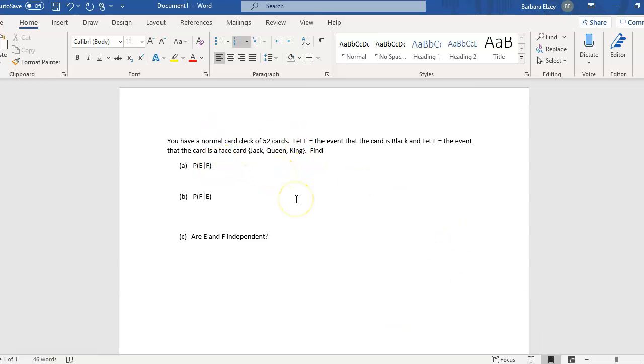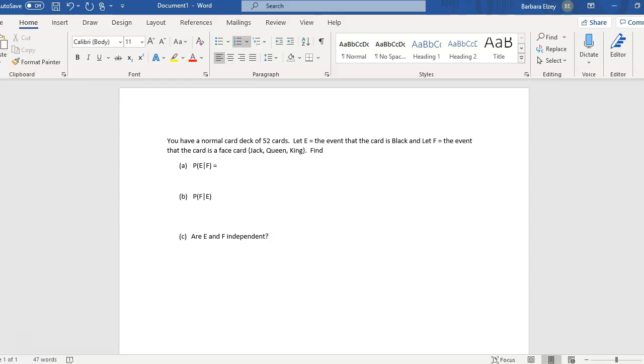Now, intuitively, this one is difficult to do, unlike a nice little chart that helps us to do things intuitively. So when you don't exactly see how the conditional probability is going to work, the best thing to do is go to the formula for the conditional probability.